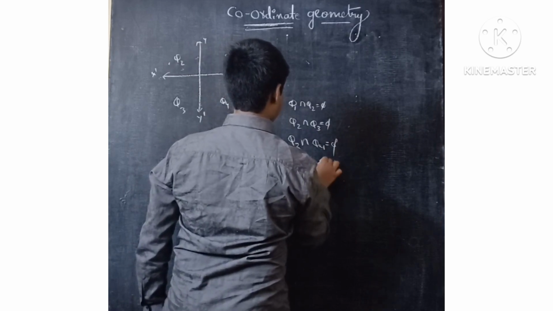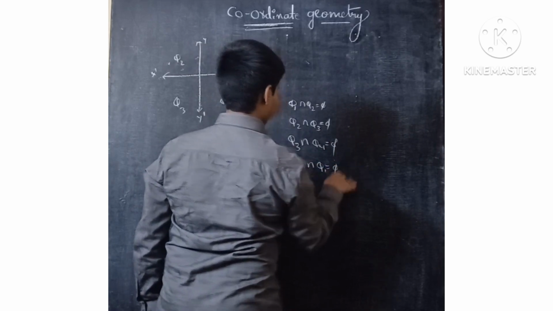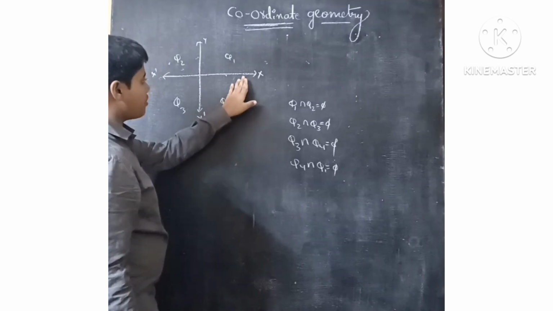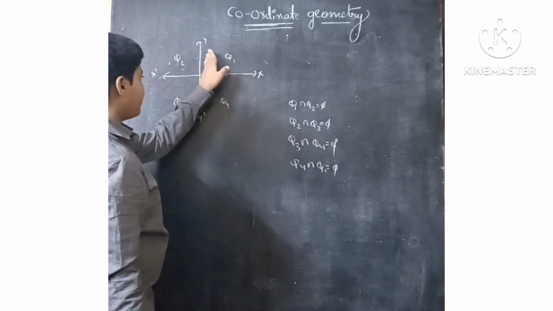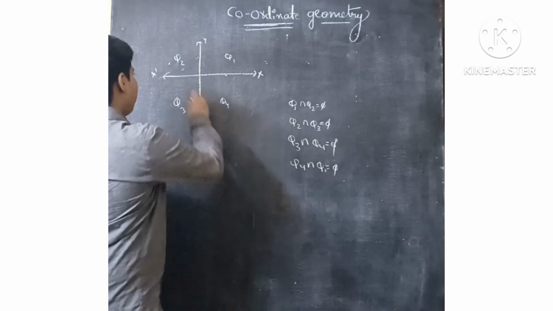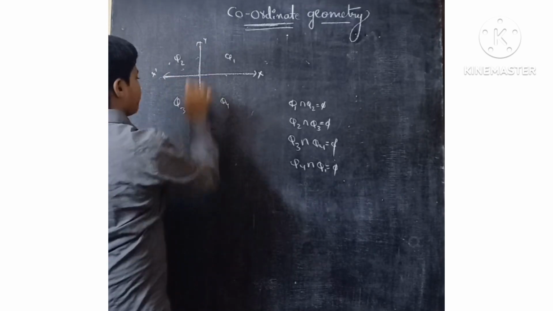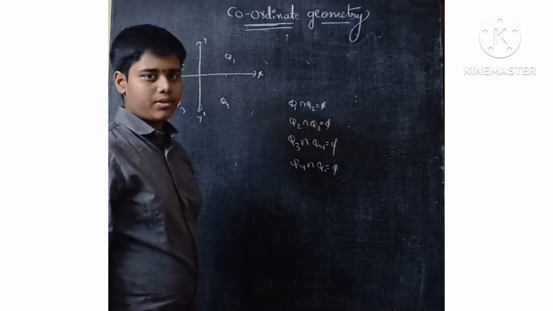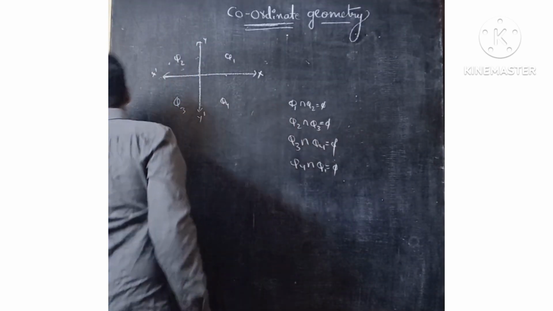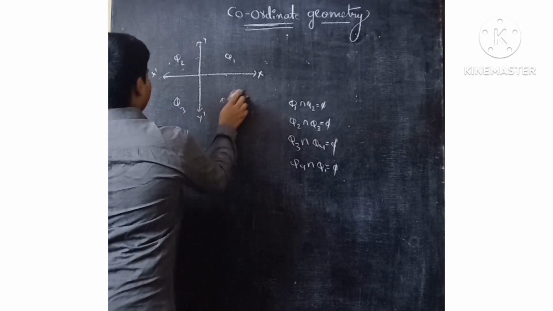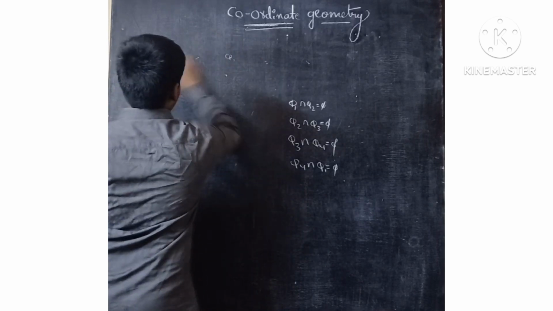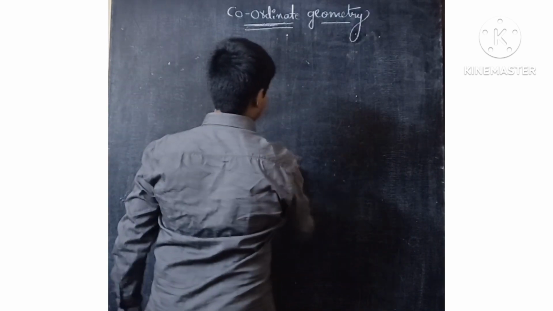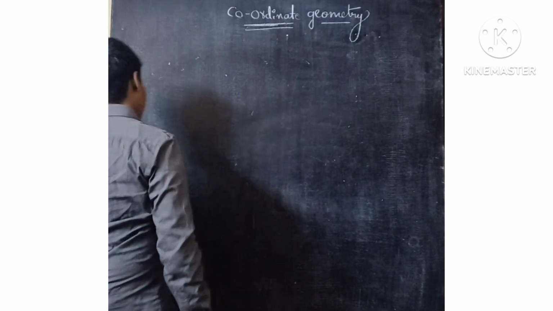Q4 intersection Q1 is equal to empty set. Because if we intersect the values of a negative value and a positive value, nothing will come. So this is the basic introduction of coordinate geometry or analytical geometry.